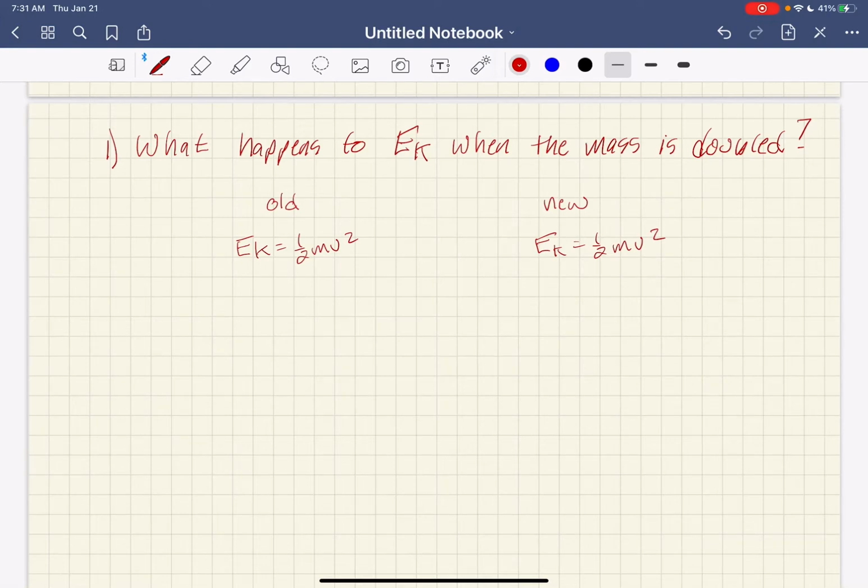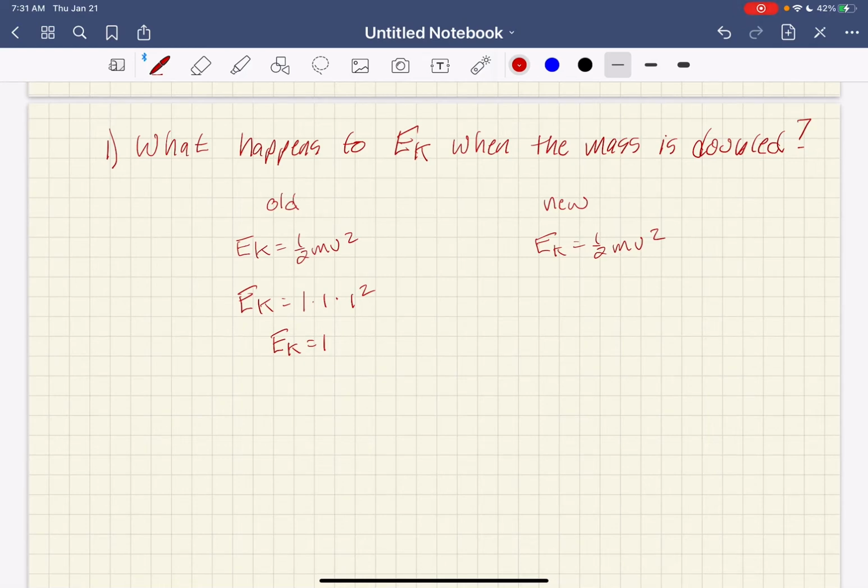Well, it's easiest to compare things to 1. So if my kinetic energy is just the way it is, then I'm just going to put 1 in for everything: 1 in for 1/2, 1 in for mass, and 1 in for velocity. So my kinetic energy is 1. That's the norm. That's what I'm comparing things to.